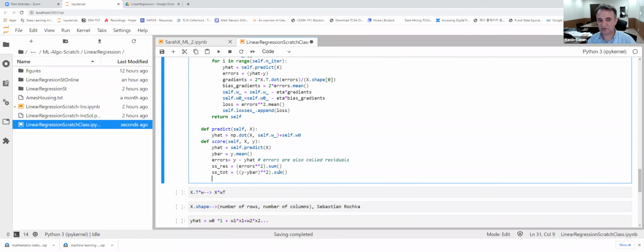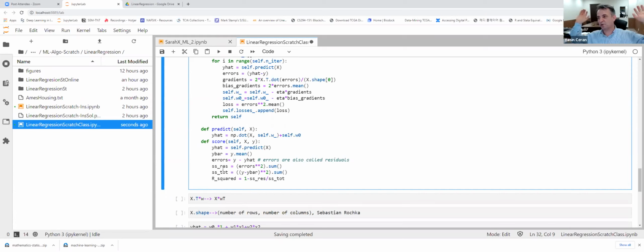Okay, so I found the total sum of squares. Next, I'm going to define my R squared. R squared is 1 minus residual over total. Sorry, this is residual over SS total. Okay, I got my score, R squared.